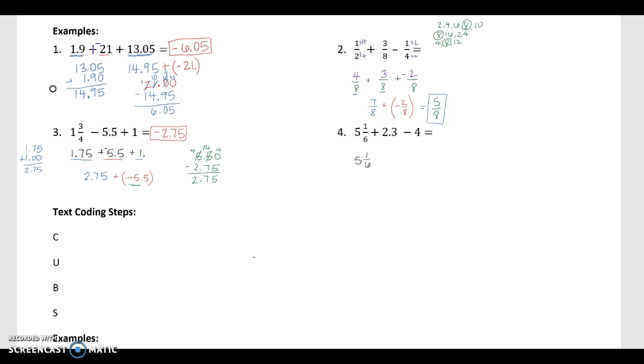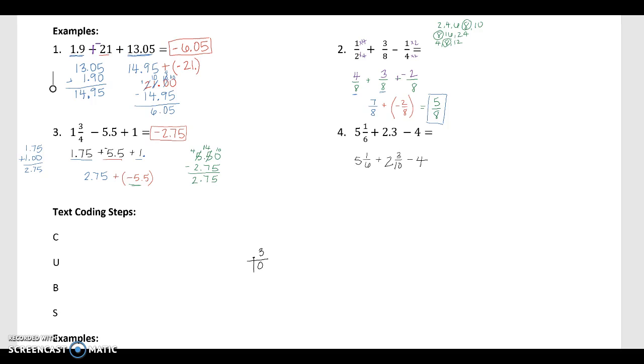So down here I have 0.3, and if you guys remember right, to change a decimal to a fraction, we draw a line, pull a 1 down from the decimal, and fill in. We have one number on top, so you're going to put one number on the bottom, okay? So I have 5 1/6 plus 2 3/10 minus 4.